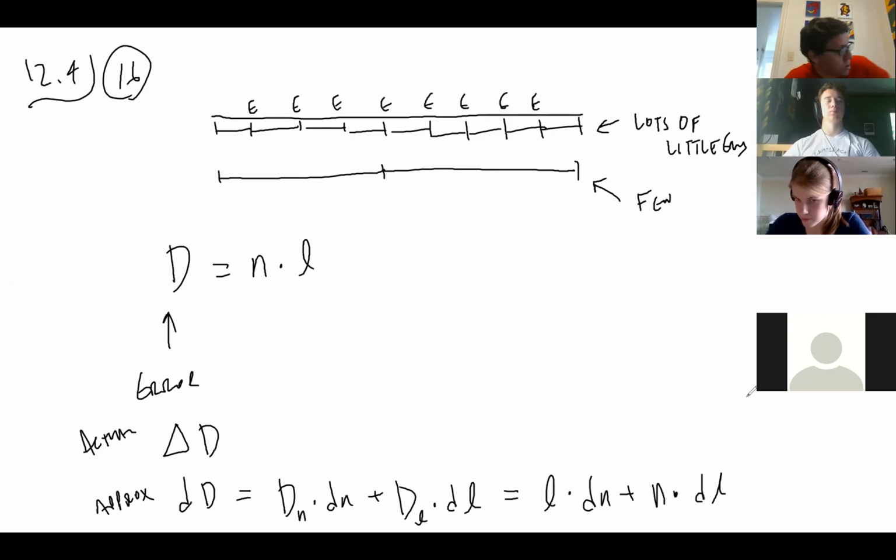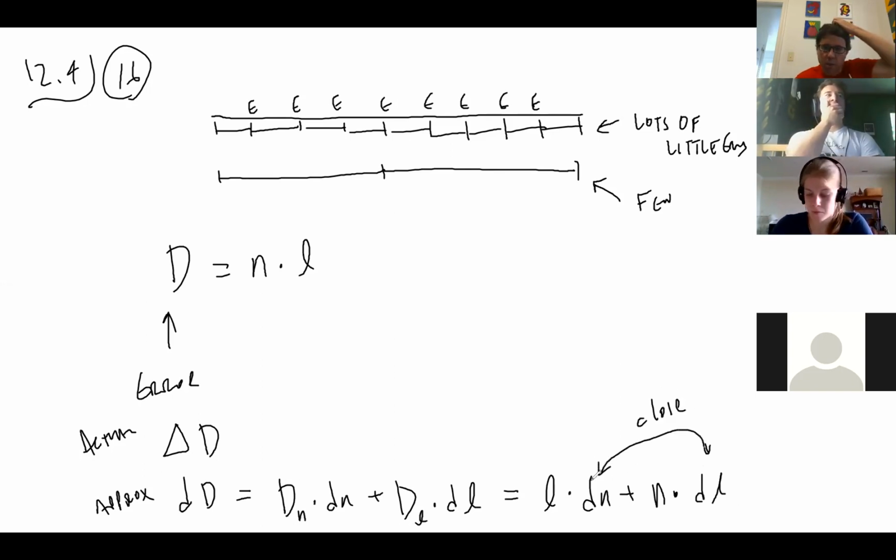And so it depends. If these two little dn's are pretty close to each other, this just means a little error in n versus a little error in L. The point is, if the L is larger, that was the question, then from this dn you're going to be multiplying your L times a small amount.